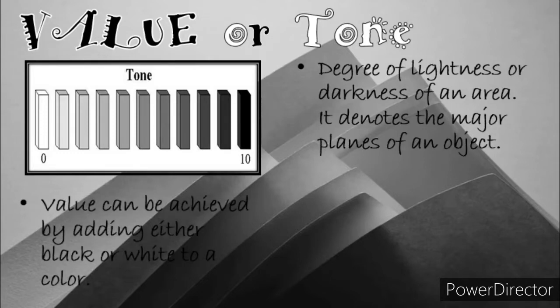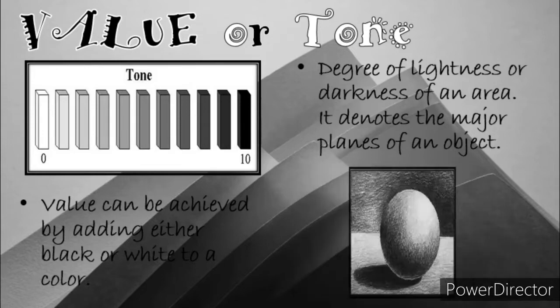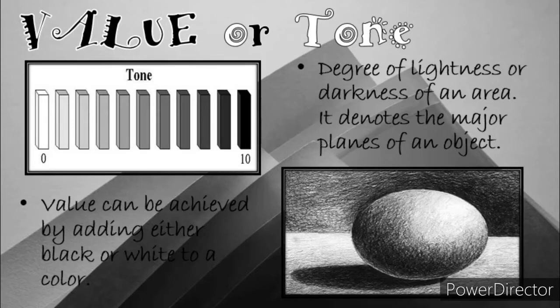Value can be achieved by adding either black or white to a particular color. For instance, if you want to get a dark red color, add enough black to achieve the darkness you desire. If you wish to create a pale pinkish color, you can add more white to a red color. This creates a different value to the red color. This concept applies to all colors.